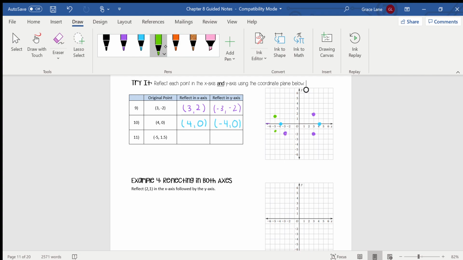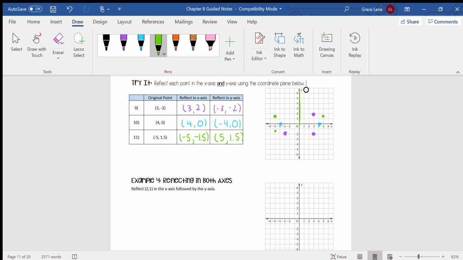So it would be -5, -1.5. And then the next one going across the vertical y-axis, it would stay at the 1.5 mark, but it would now be +5. So it would look like that. So that is reflecting once.